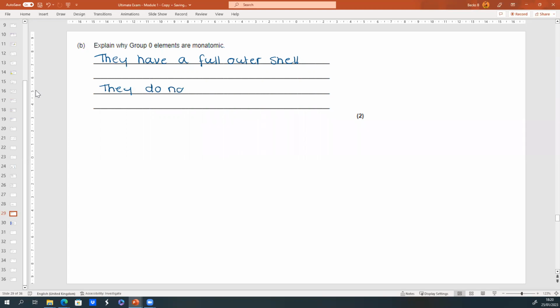They do not need to gain or lose electrons. Okay.